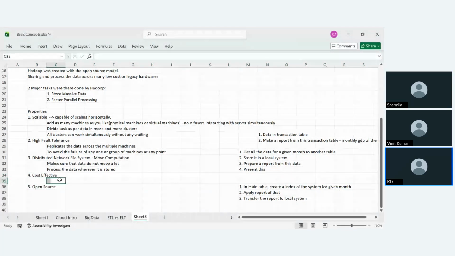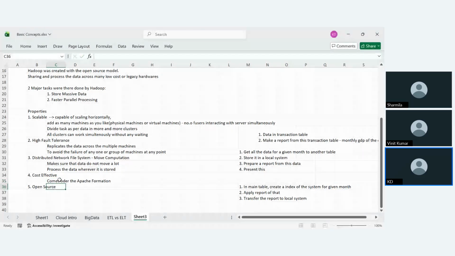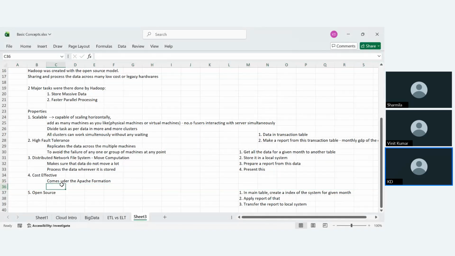Then this is very cost effective because it comes under the Apache foundation. Apache is a completely open source system, so it is free to use and modify.